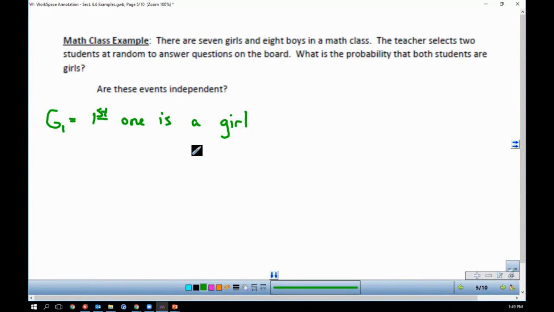Exactly. So are these independent? No. You just have to think about it. Okay. So G1 is the event the first one's a girl. G2 is the event that the second one is a girl.